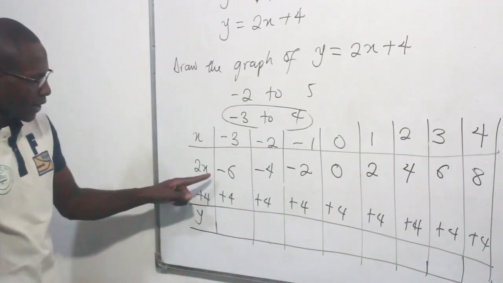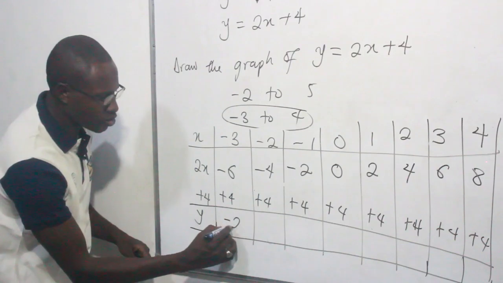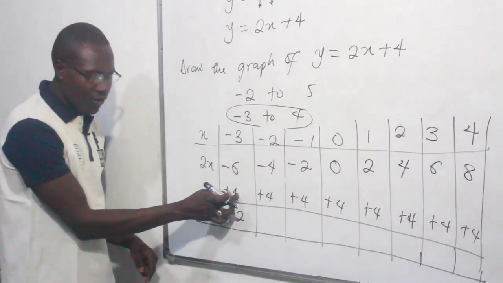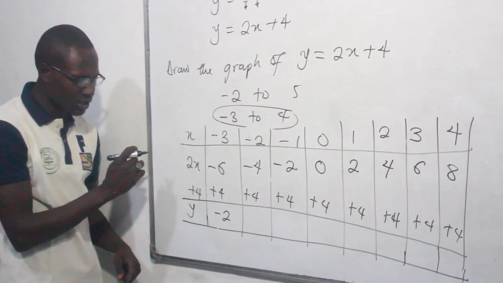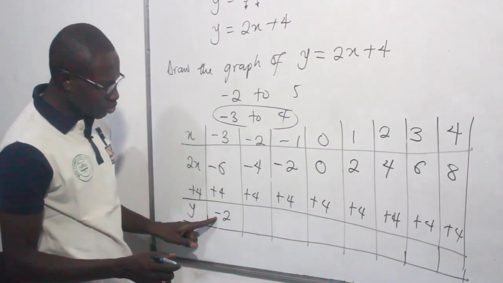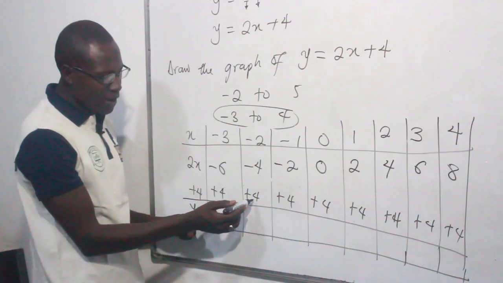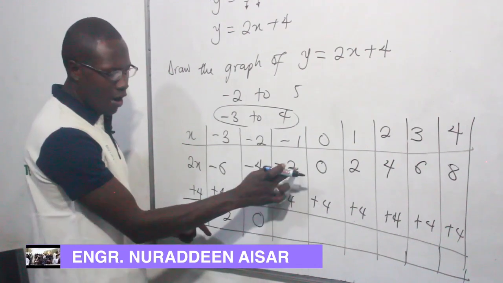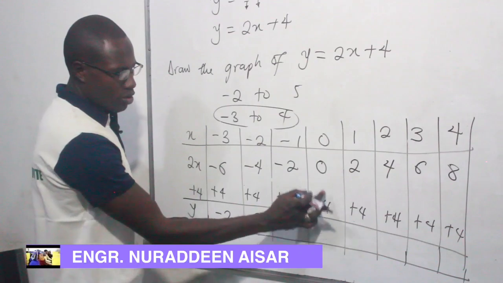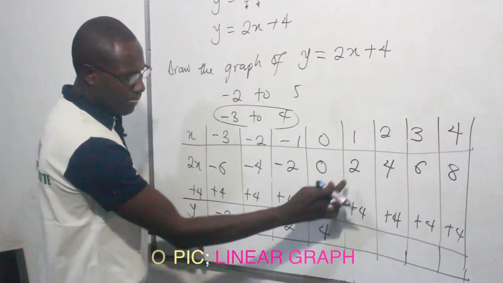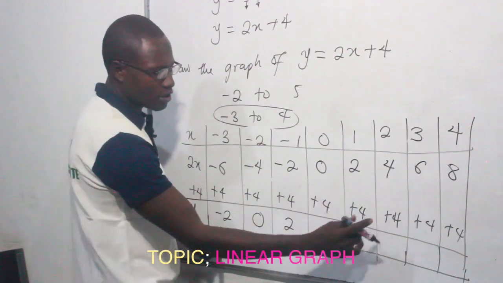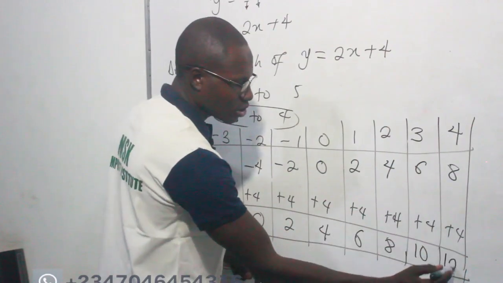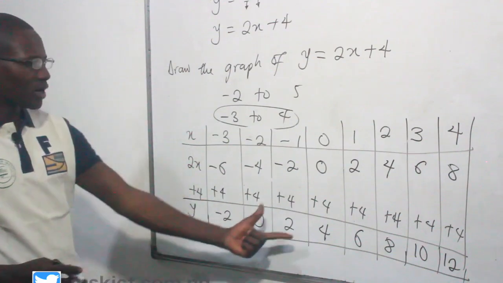Now we can find the value of y. -6 plus 4 is -2, because 4 is higher than 6, so you will expect -2 to be left. -4 plus 4 is the same as 4 minus 4, which is 0. -2 plus 4 is the same as 4 minus 2, which is 2. 0 plus 4 is 4, 2 plus 4 is 6, 4 plus 4 is 8, 6 plus 4 is 10, and 8 plus 4 is 12. So these are the values of y.